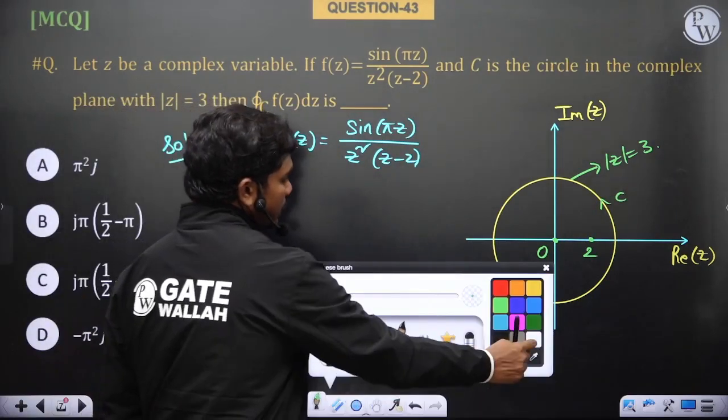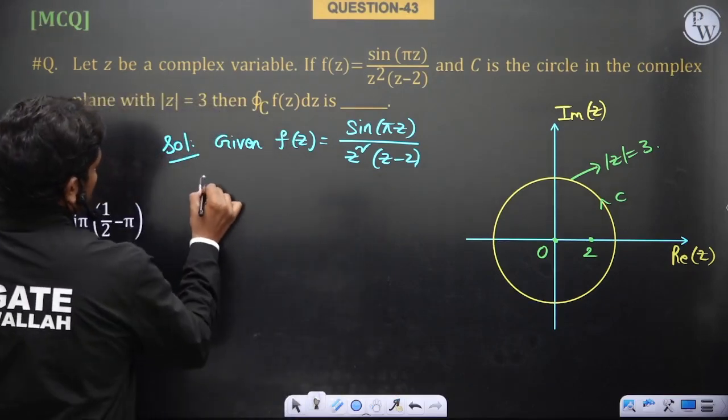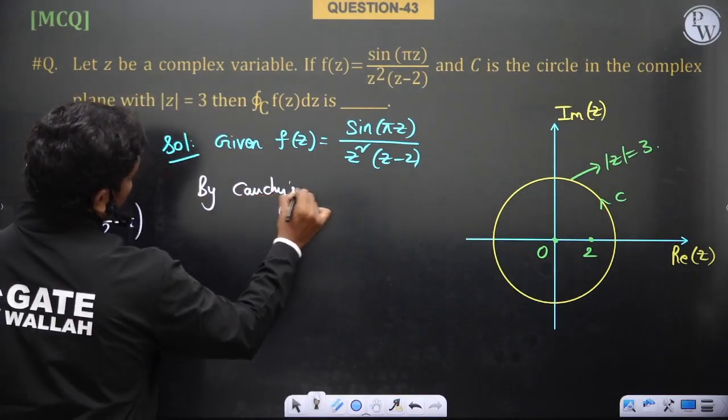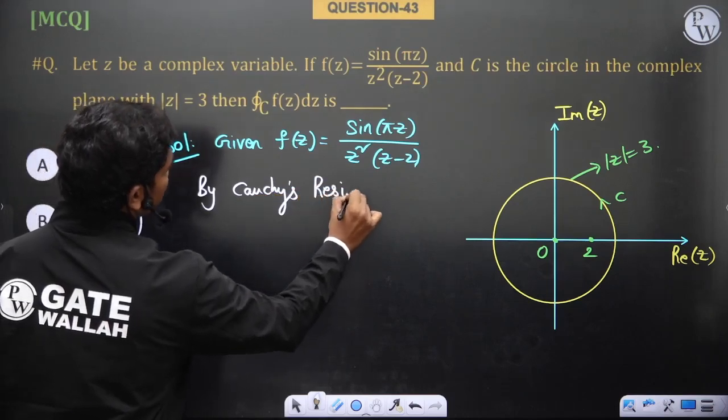So by Cauchy's residue theorem, we can apply Cauchy's residue theorem. Both the poles are falling inside.